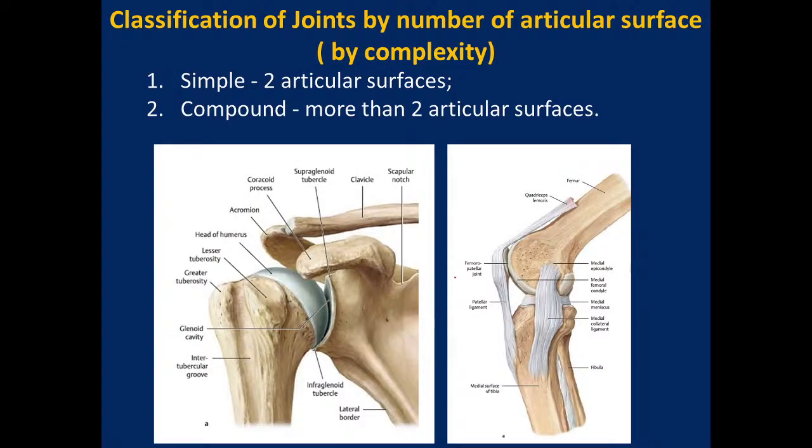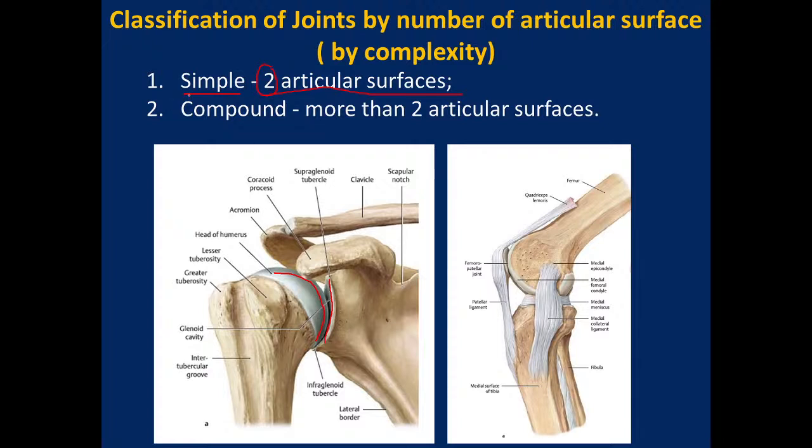Another classification of joints is by the number of articular surfaces. This is a classification by complexity. So we distinguish simple joints when we have only two articular surfaces inside, like the shoulder joint, one surface and a second surface, so only two surfaces.